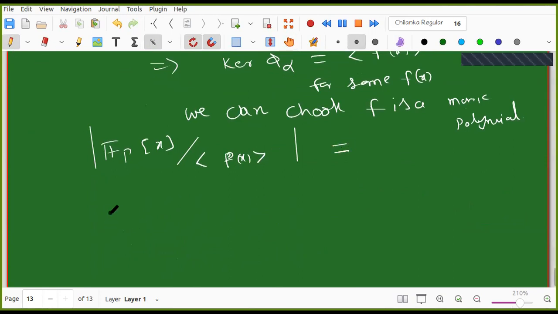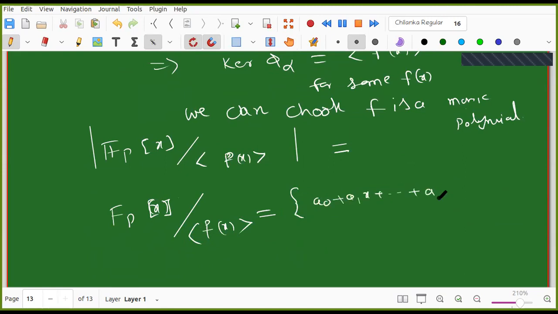Actually, we know that Fp[x] modulo the ideal generated by f(x) has all elements looking like a0 plus a1x and so on plus a(n-1)x^(n-1). Strictly speaking, I have to write the coset I plus this, but generally people do not write this, okay? Because these a's belong to Fp.